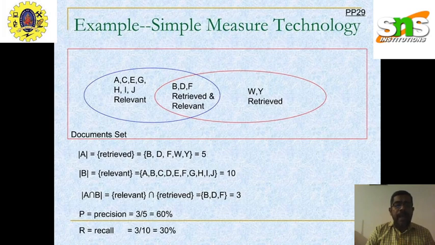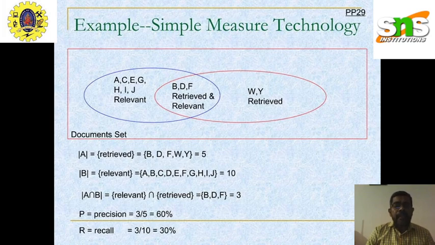Relevant, we have A, B, C, D, E, F, G, H, I, J, that is 10 components. And retrieved, we have B, D, F, W, Y. Retrieved is marked in red color and relevant is marked in blue color.